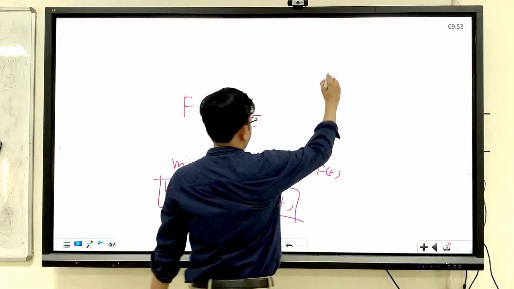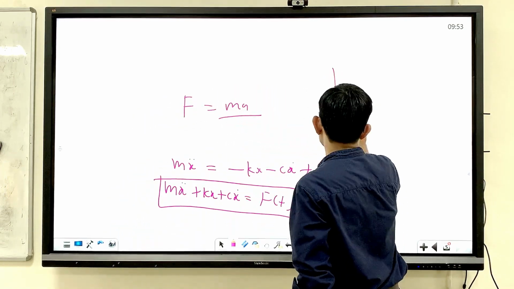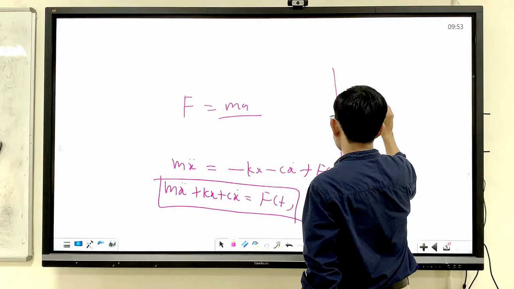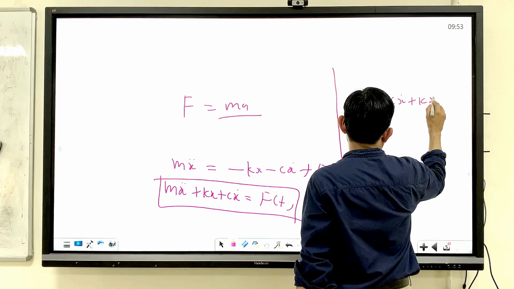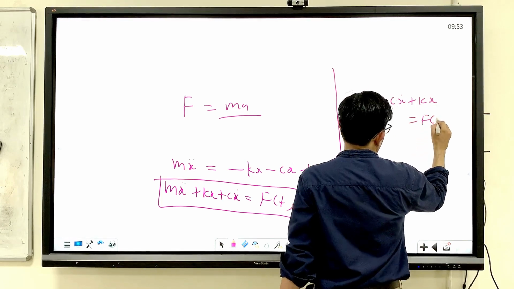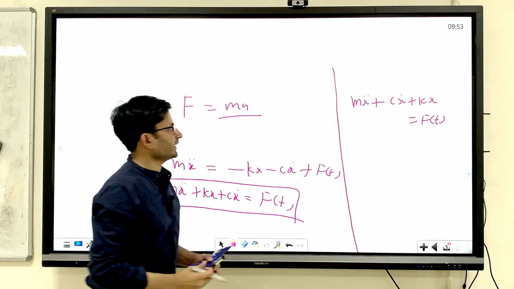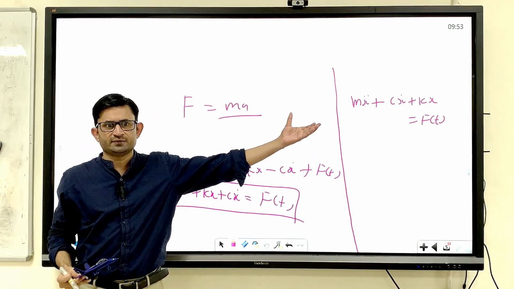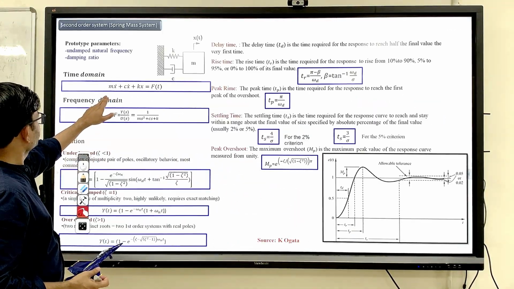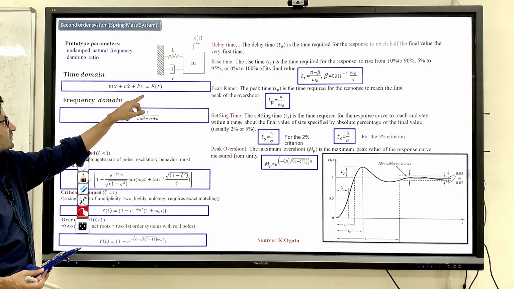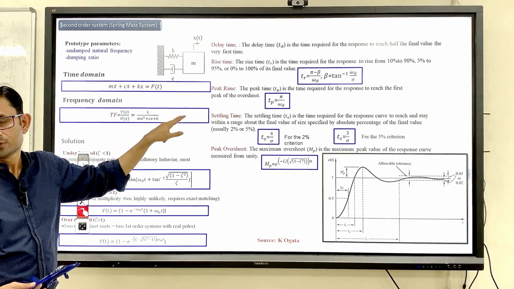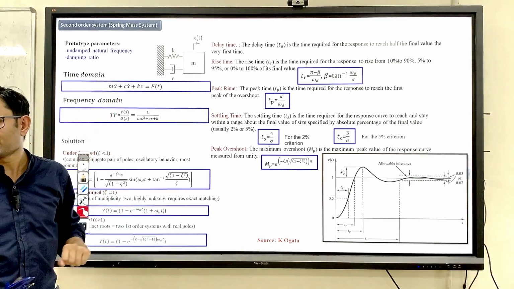So you can write m x double dot plus c x dot plus kx equal to f of t. Clear, right? Why this expression is coming, right? So again take the Laplace transform.